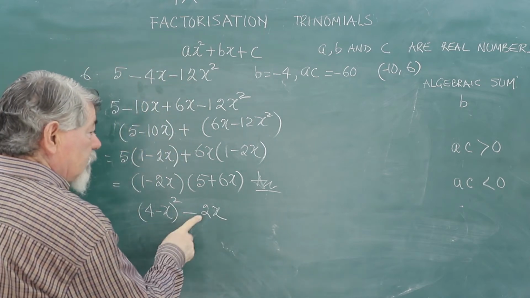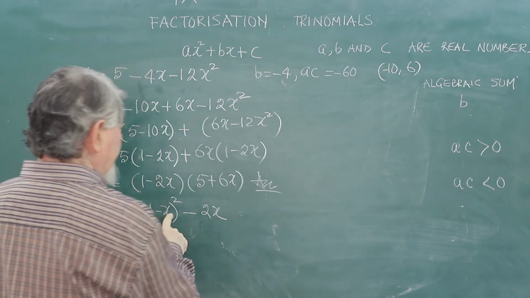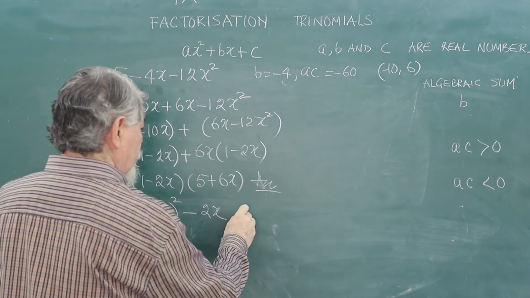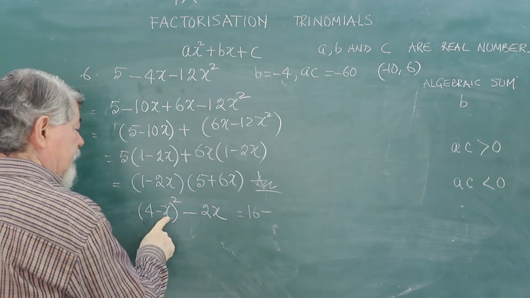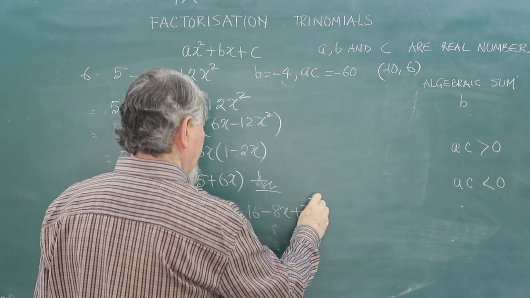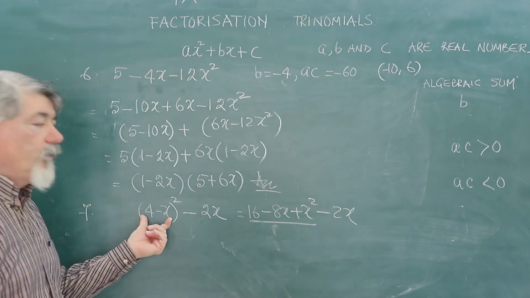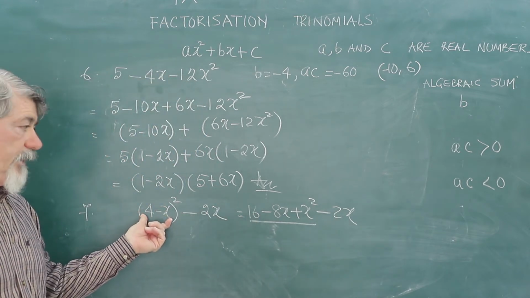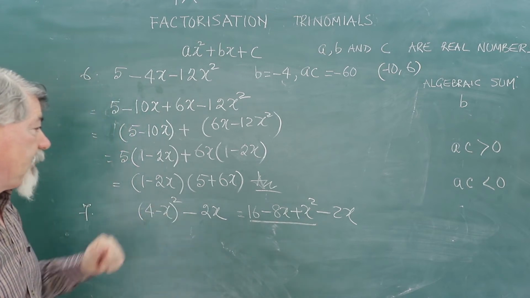So let us open this bracket. 4 minus x whole square means (a minus b) whole square: a square, 16, minus double the product of first and second term, 8x, plus x square, minus 2x. This is the expansion of 4 minus x whole square, which is 16 minus 8x plus x square, and minus 2x.